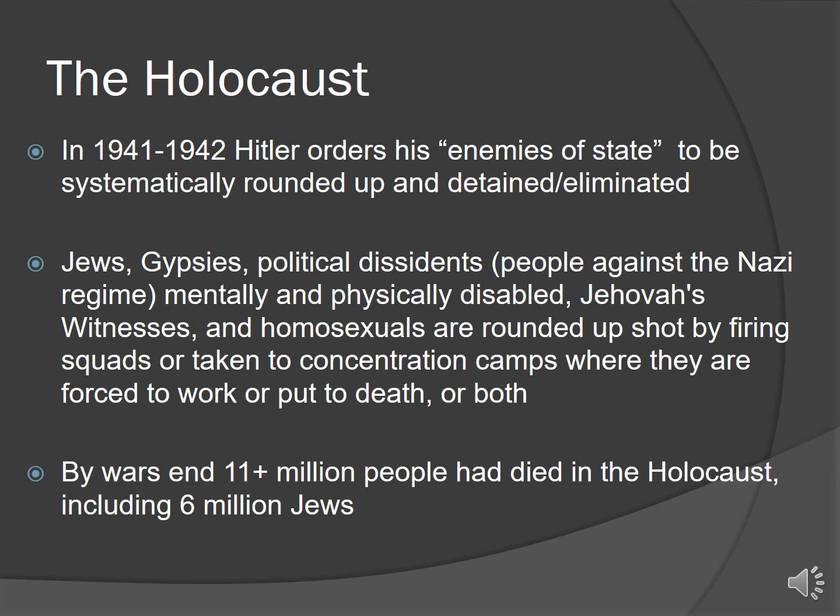The second largest are the gypsies, or the Roma, who I already described to you as being these wandering people in Europe, oftentimes not really having an identifiable homeland. Number three, political dissidents. These are people who were against the Nazi regime. So these were people who were very actively opposing the Nazis.